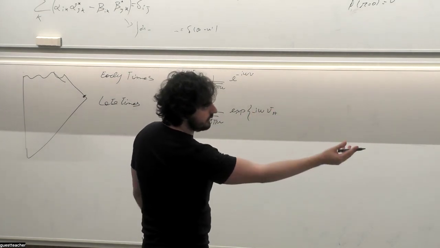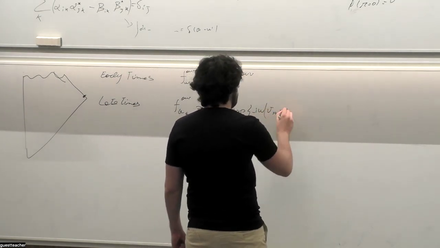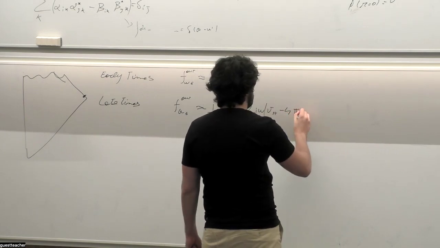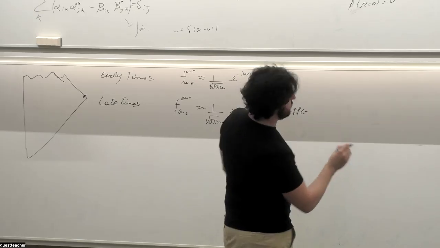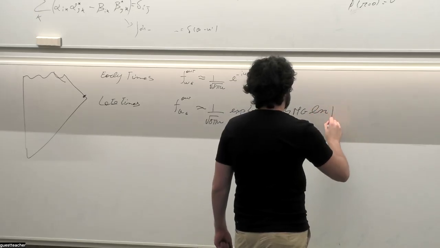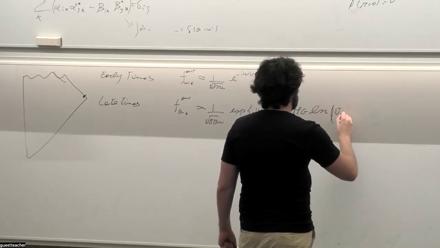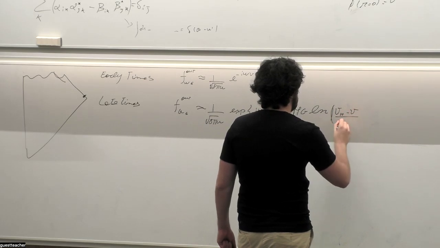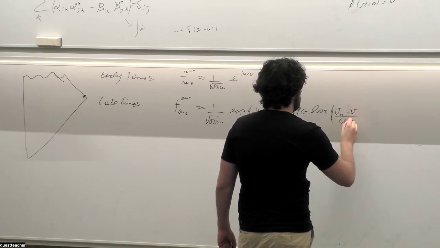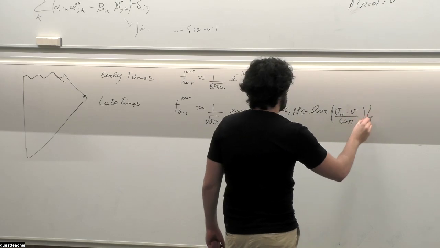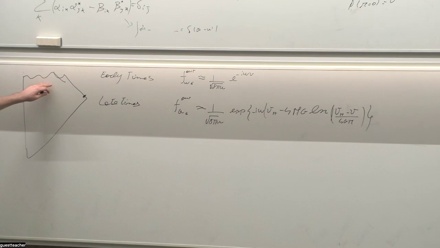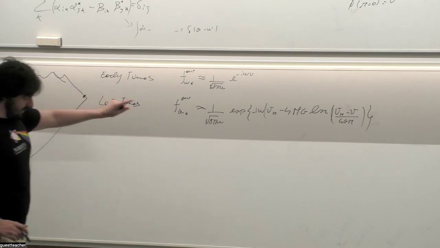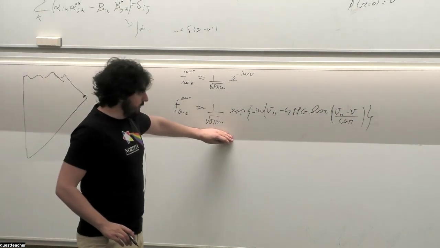And then we have the logarithmic term that is the non-trivial dynamic, m G log of (V_H minus V) divided by 4G. Okay, so at very late times, you do get something non-trivial. And this is the regime that you are going to focus on.